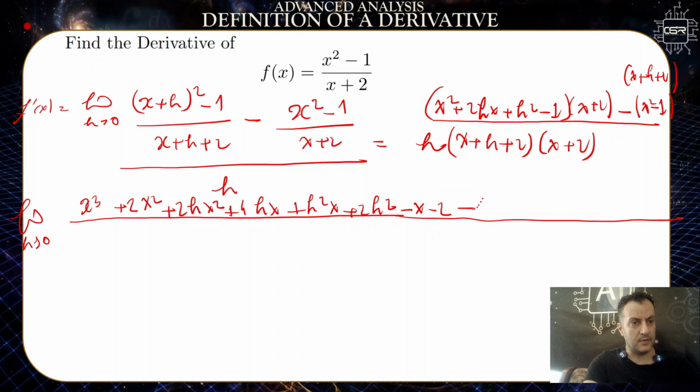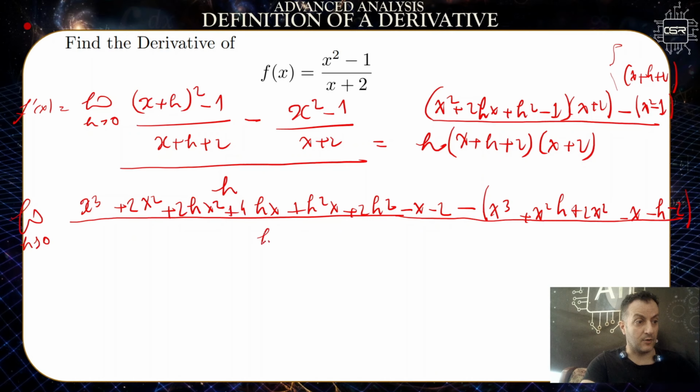Then you have minus this part, okay, this part here. Okay, so it is x3 plus x squared h plus 2x squared minus x minus h minus 2.